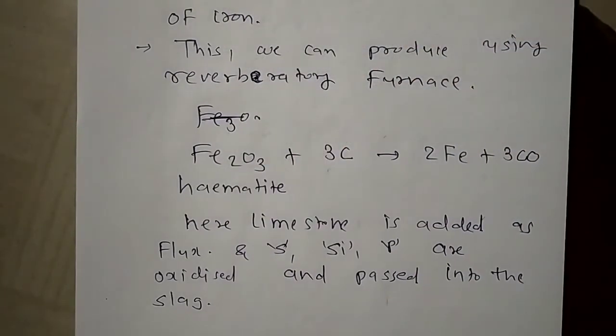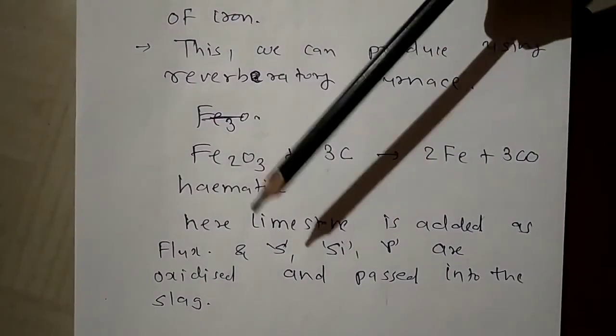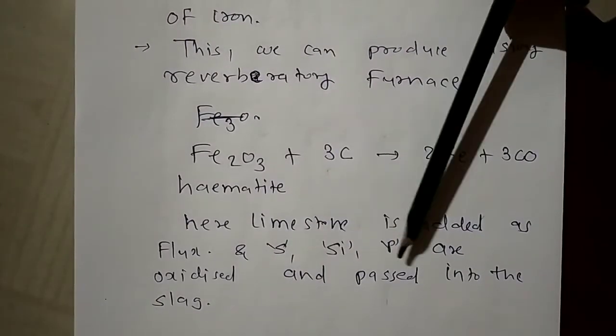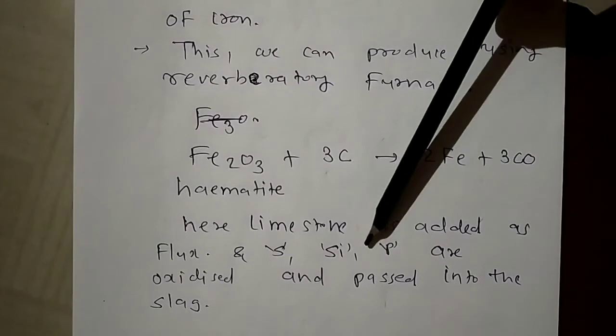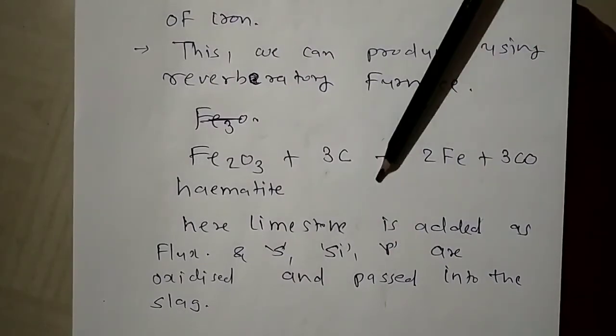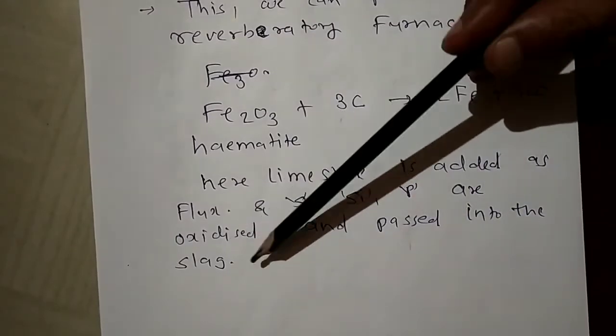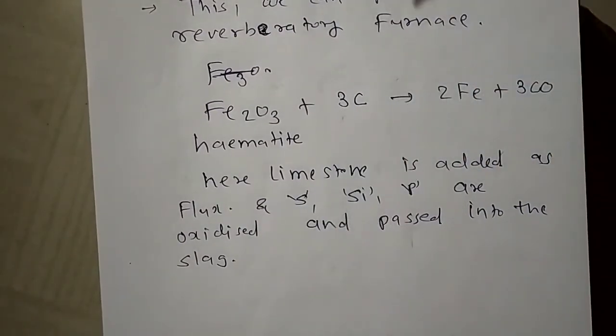Flux means, similar to the previous one, it maintains the temperature. And also here some sulfur, silicon and phosphorus are added, and they will convert into slag at the end of the reaction. So we can easily remove that.